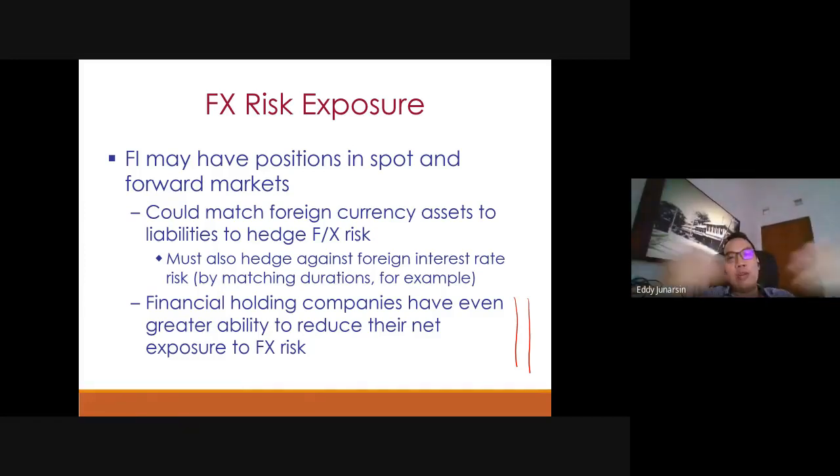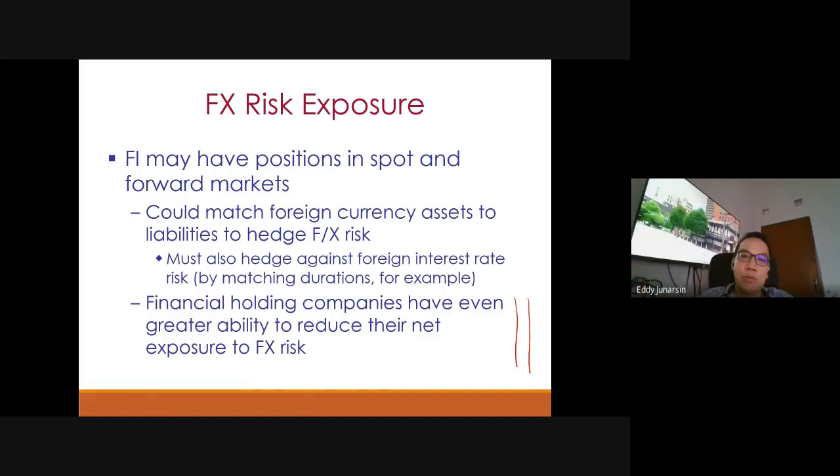So they have like natural hedging. And of course, the remaining risk has to be hedged using the derivative products, right? Such as forward, futures, options, and so forth. But at least you can get some amount of natural hedging from the aggregation.